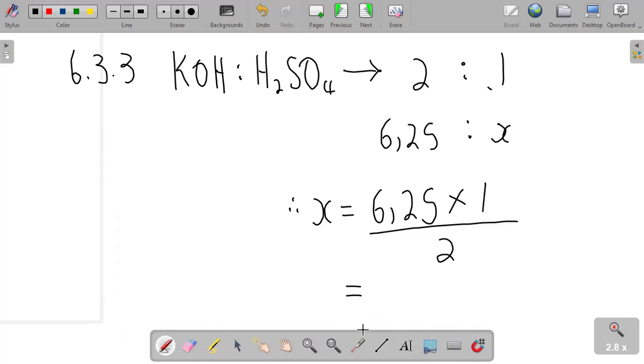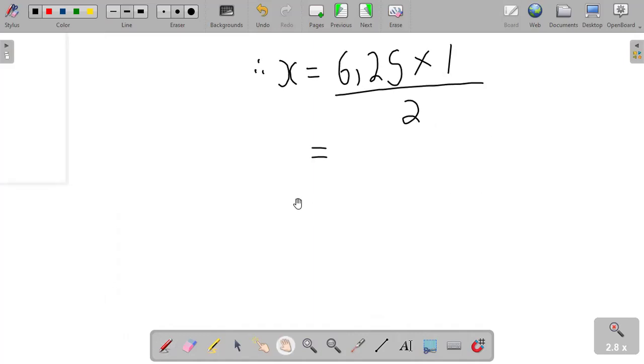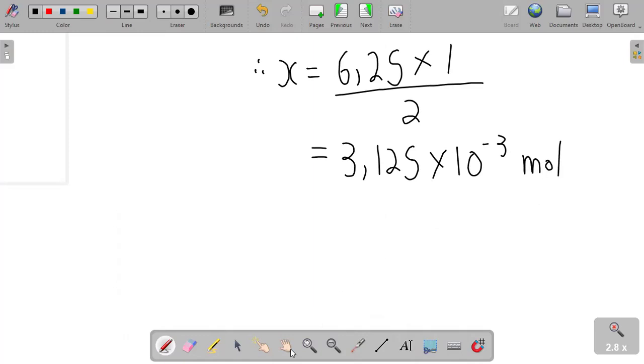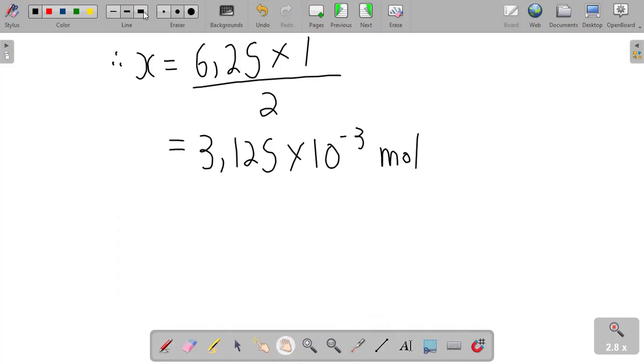And then you use your calculator, you get 3.125. 3.125, okay. And then we're going to say multiplied by 10 to the power of -3 moles. Okay, so these are the number of moles for sulfuric acid, H2SO4.